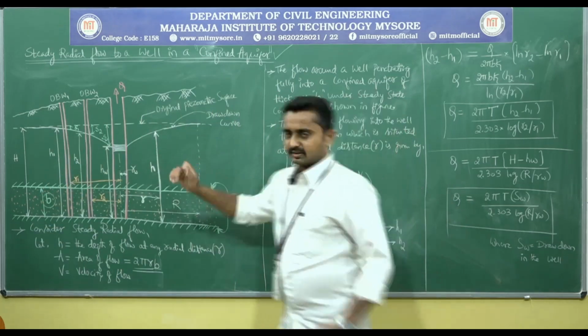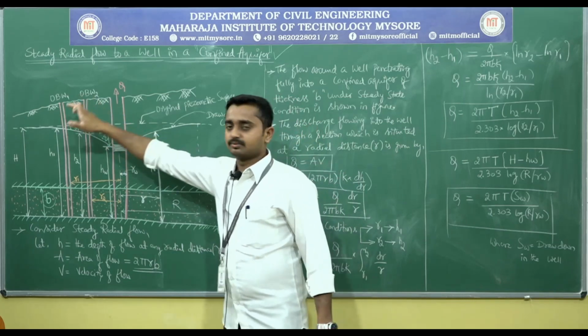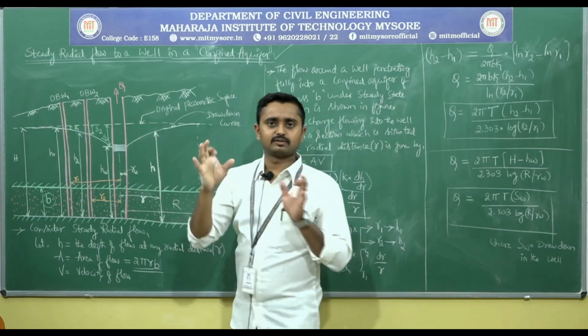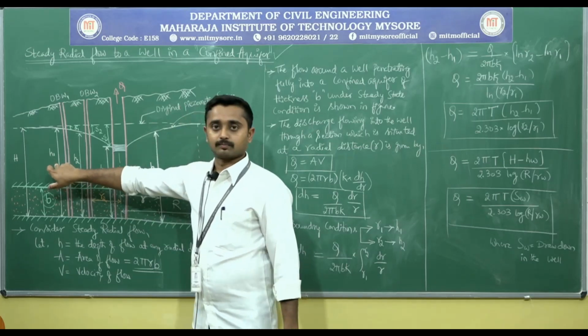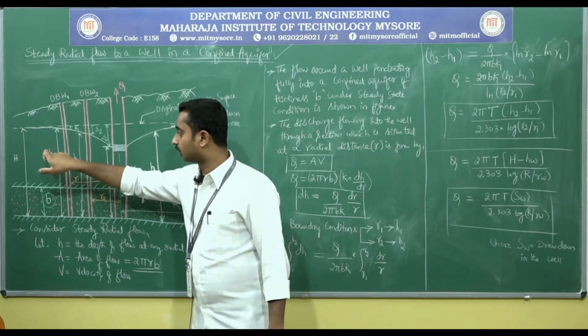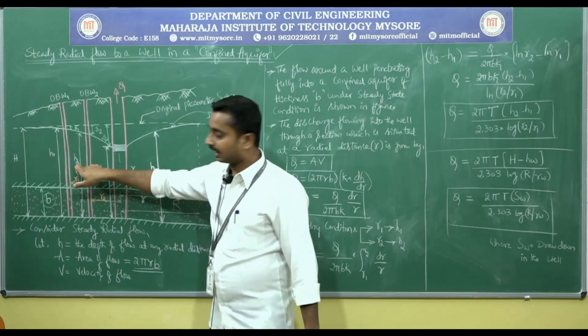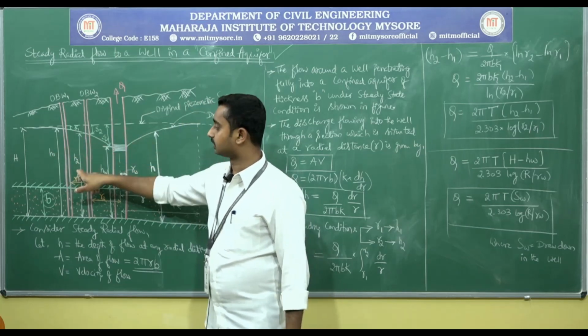Same as before, this is the pumping well, with observation wells 1 and 2. The head of water in observation well 1 is H1 and in observation well 2 is H2.